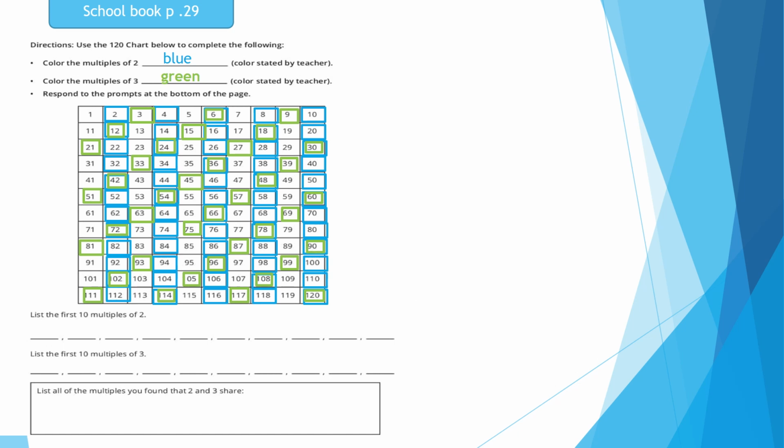This is a column of all even numbers, and I know that multiples of 2 must be even numbers. So all even numbers are multiples of 2. I will take the column of 2 and column of 4 and column of 6 and column of 8 and column of 10. Color multiples of 3 in green.